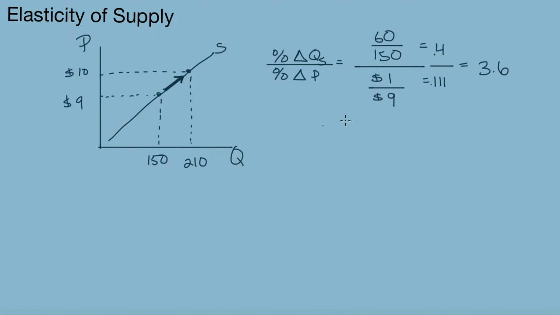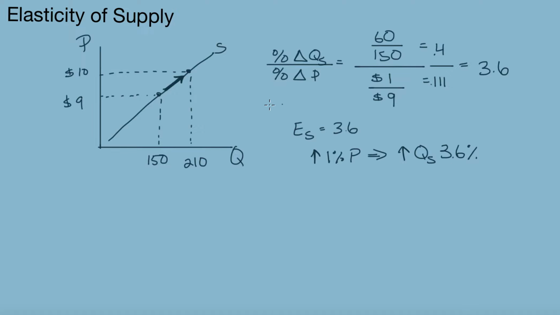That means that when we see the elasticity of supply equal to 3.6, for every increase in price of 1%, it's going to lead to an increase in quantity supplied of 3.6%. So for each 1% increase in price, we're going to see a 3.6% increase in quantity supplied.